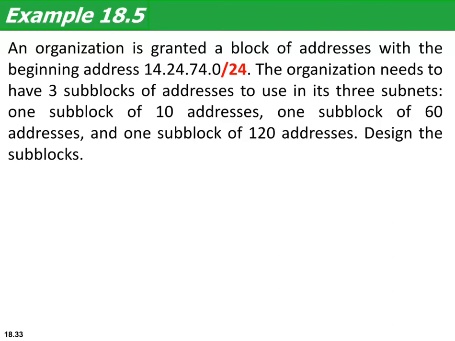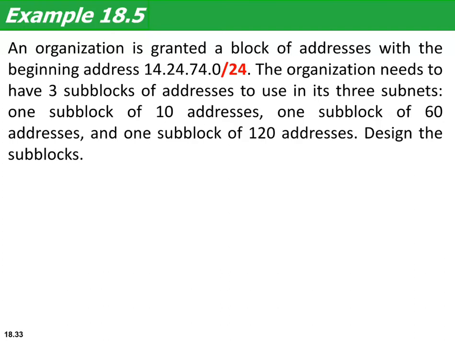The total number of addresses granted is always capital N and the prefix length is small n. The assigned number of addresses to the subnet is capital N sub, and the prefix length for each subnet is small n sub.